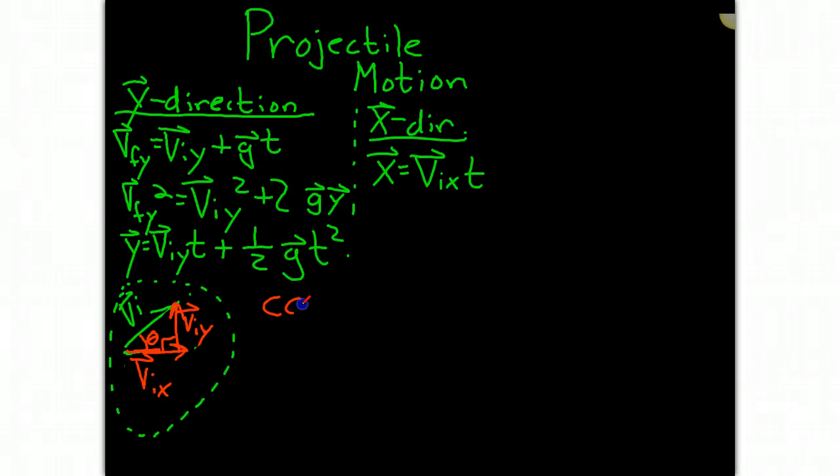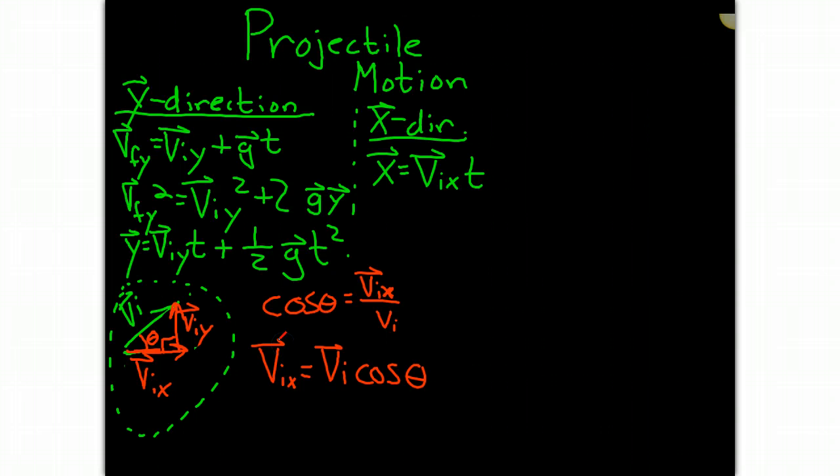So if I go cosine of theta, that would be equal to Vix over Vi. If I were to solve for Vix, I get Vix is equal to Vi cosine of theta.